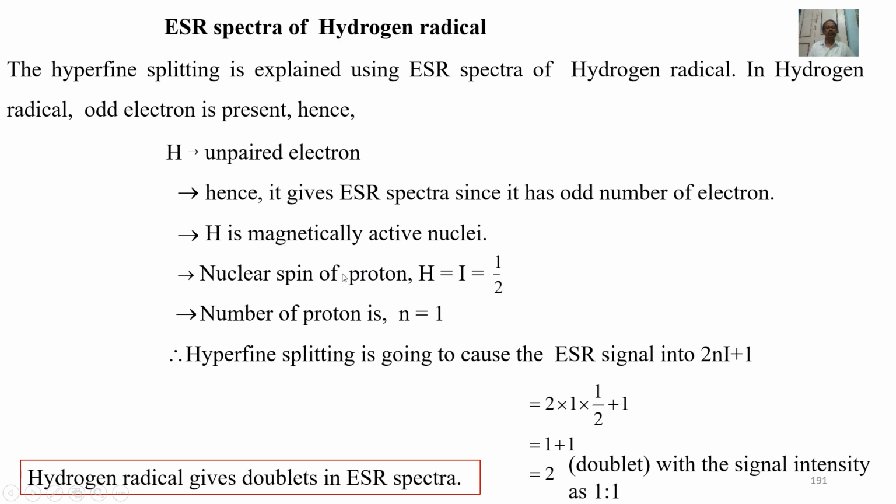Nuclear spin of proton H: I equals 1/2. Number of protons is n equals 1. So this hyperfine splitting is going to split the ESR signal into 2nI plus 1 lines. So we have 2 multiplied by 1 multiplied by 1/2 plus 1, which is 1 plus 1, equal to 2, and the signal intensity will be 1:1. This is a doublet line. Hydrogen radical gives doublets in ESR spectra.